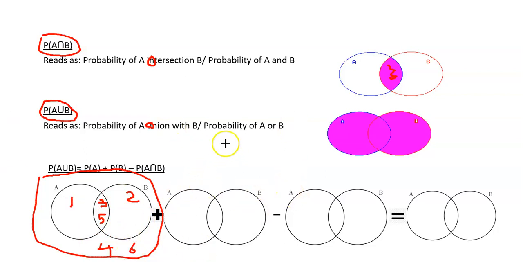If we wanted to find the probability of the intersection, which is what P of A and B entails, when you're working out probability, it's your total sample size. It's normally denoted by N, but it's the sample size. So in this situation, it would be 6.